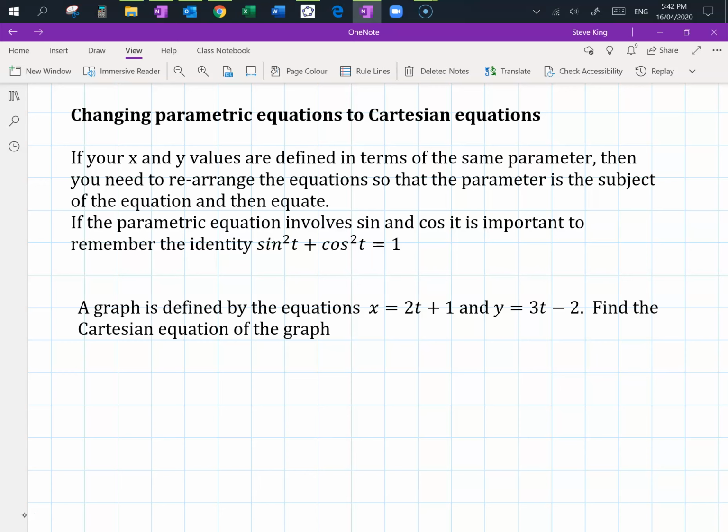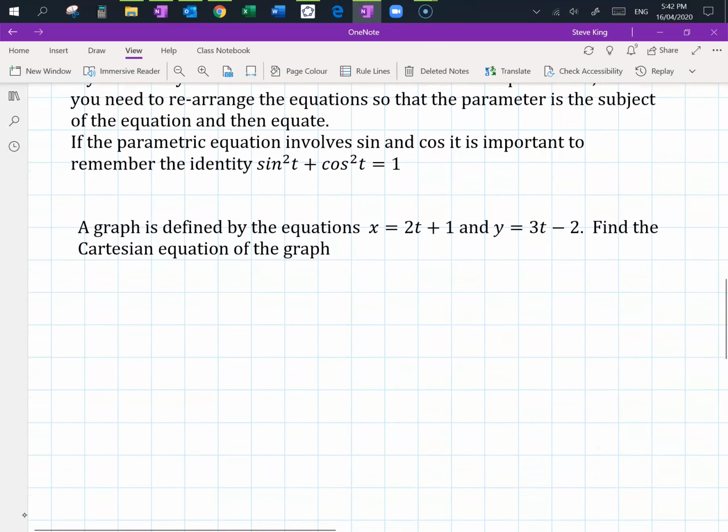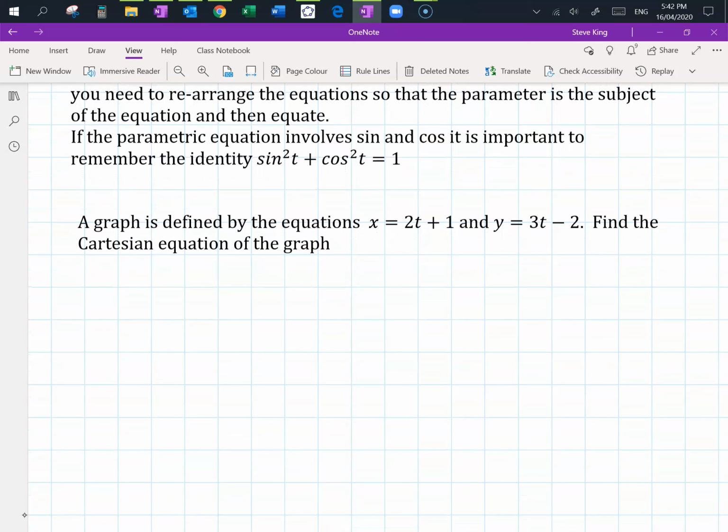So let's take a look at some examples here. We have a graph that's defined by the equations x is equal to 2t plus 1 and y is equal to 3t minus 2. So x is equal to 2t plus 1, y is equal to 3t minus 2. And all I have to do is to make t the subject of each equation.